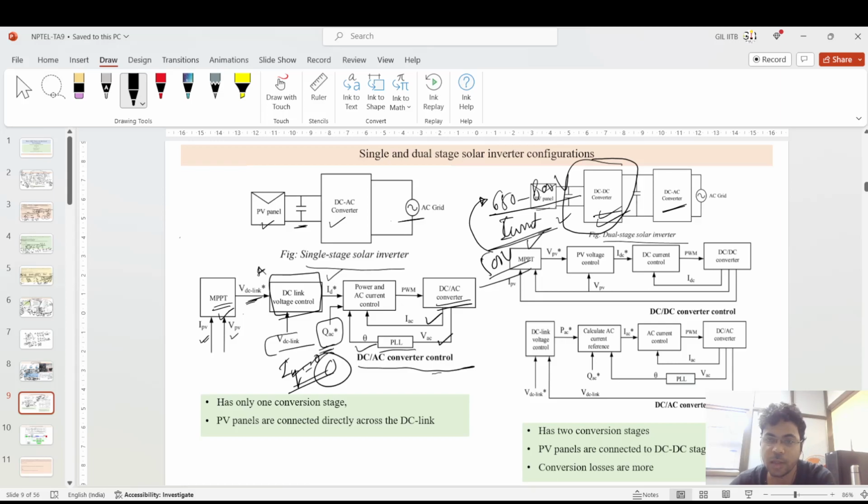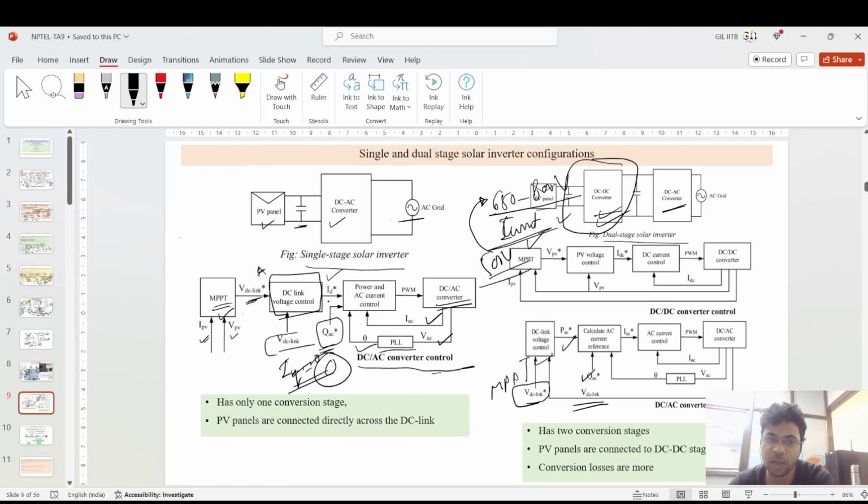And if you go to the dual stage, what is the extra thing there? That is the DC to DC converter. In this stage, you have to take into consideration the DC link voltage and also the voltage generated from the output side of the DC to DC converter. So there is an increased amount of control architecture. Here also you see VDC link star generated by the MPPT, and the VDC link voltage is taken directly to the DC link voltage control.